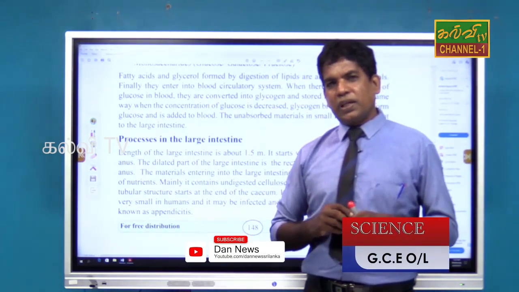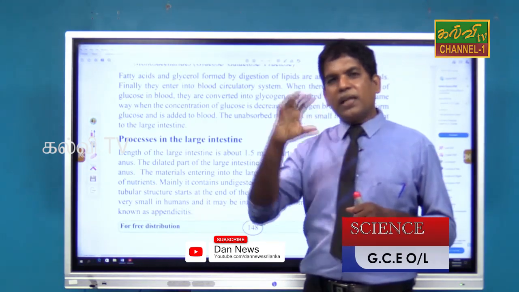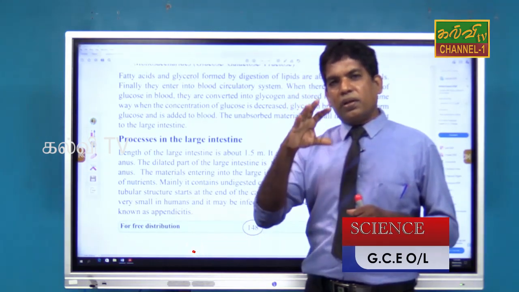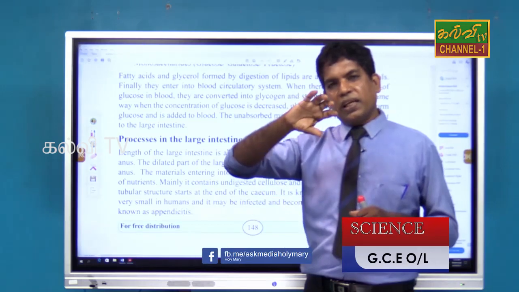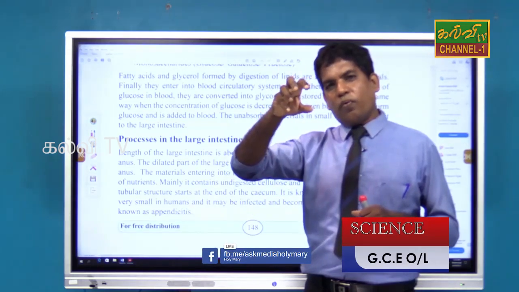The main function of the large intestine is to absorb water.